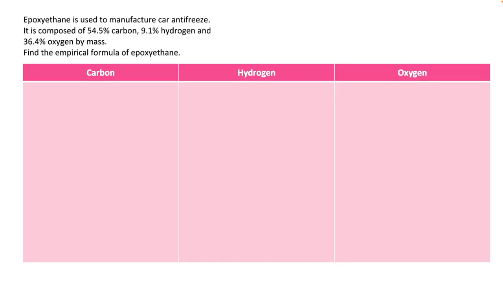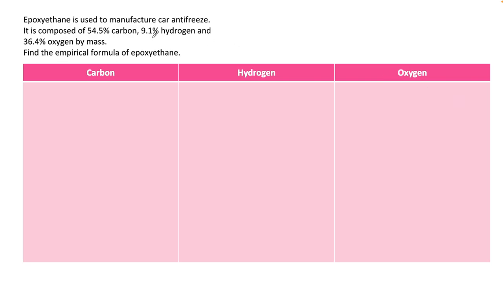So the next question. The next question is, epoxyethane is used to manufacture car antifreeze. It is composed of 54.5% carbon, 9.1% hydrogen and 36.4% oxygen by mass. Find the empirical formula of epoxyethane.